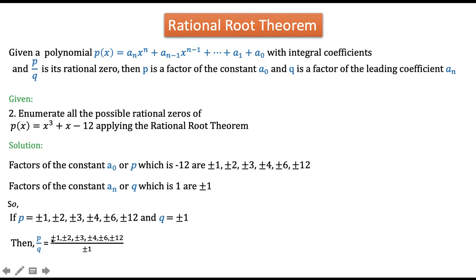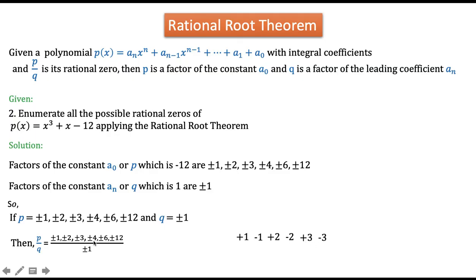Let's start with plus minus 1 divided by plus minus 1, and this gives us positive 1 and negative 1. Plus minus 2 divided by plus minus 1 gives us positive 2 and negative 2. Plus minus 3 divided by plus minus 1 gives us positive 3 and negative 3.